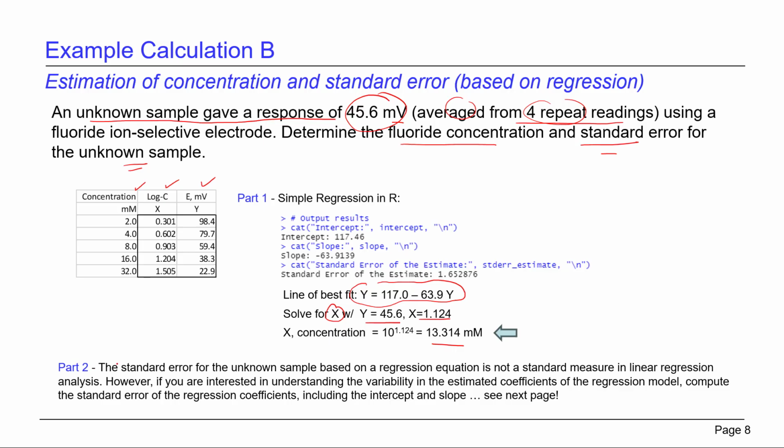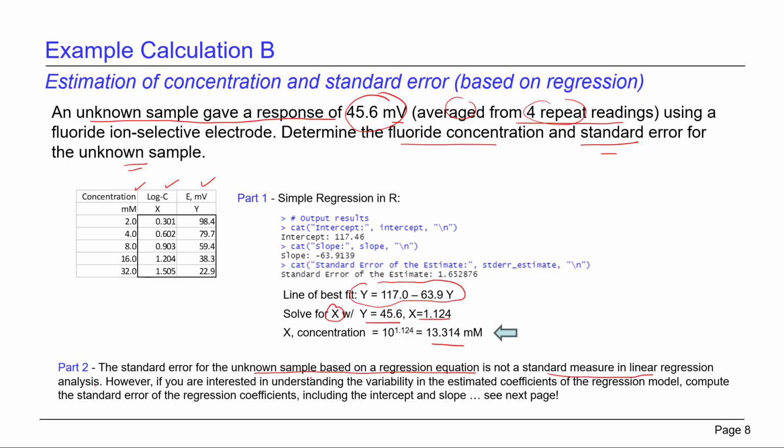Now, the point we're trying to make here is that the standard error for the unknown sample based on a regression equation is not the standard measure in a typical linear regression analysis. There's a paper I've posted on Canvas, and it's an interesting, if not challenging, math problem.